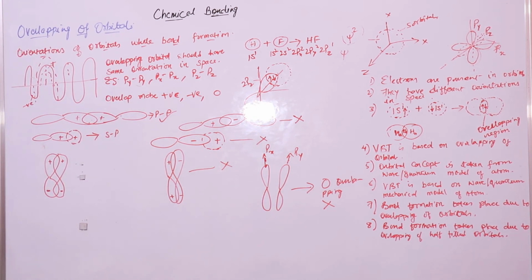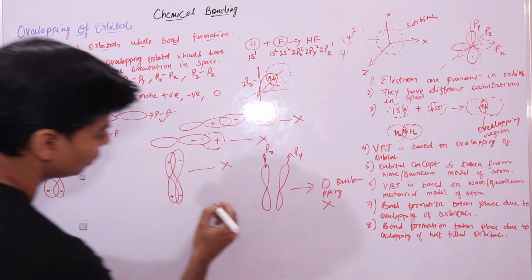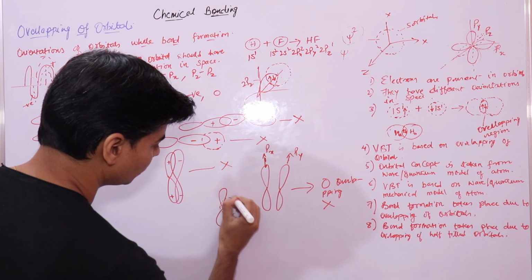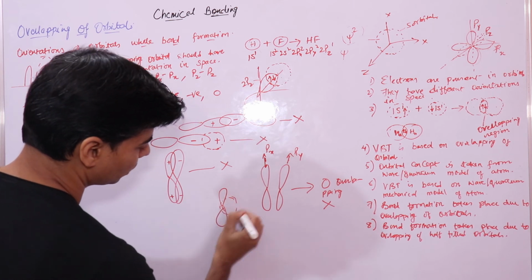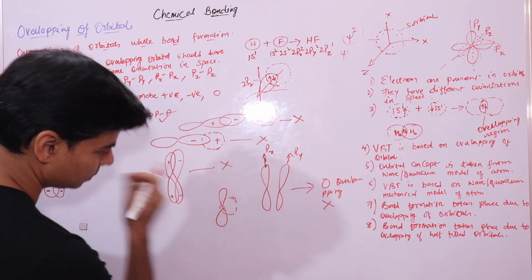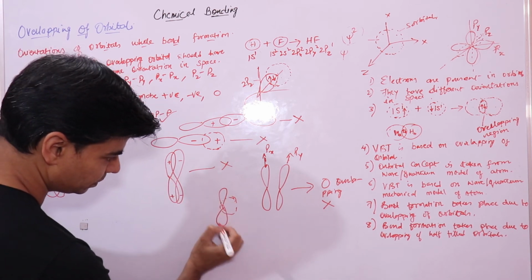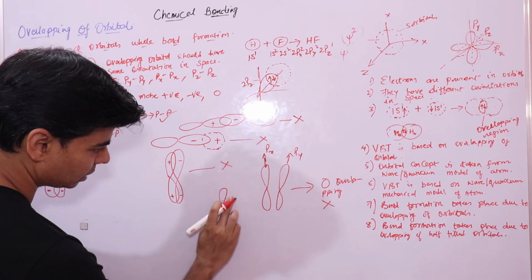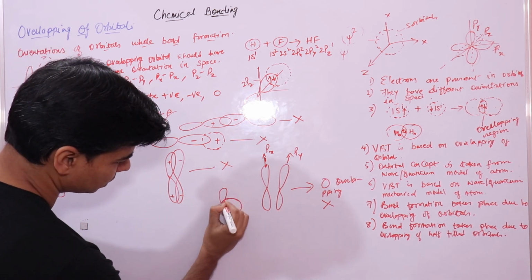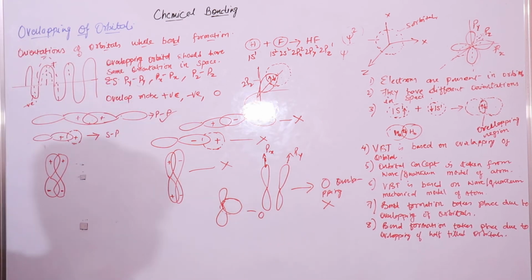Similarly, if you look at this kind of overlapping, this is also zero overlapping, right? This s orbital is trying to overlap with this p orbital in this orientation. This is your zero overlapping.